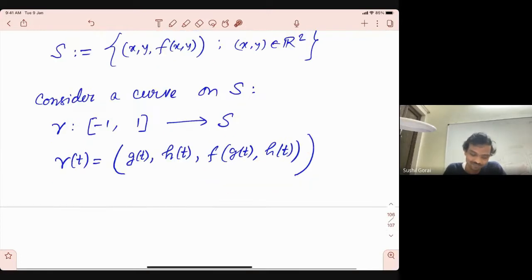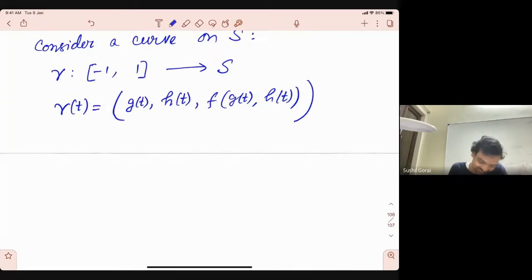All right. Now the question is, what is gamma prime of 0? Can you calculate and tell me?